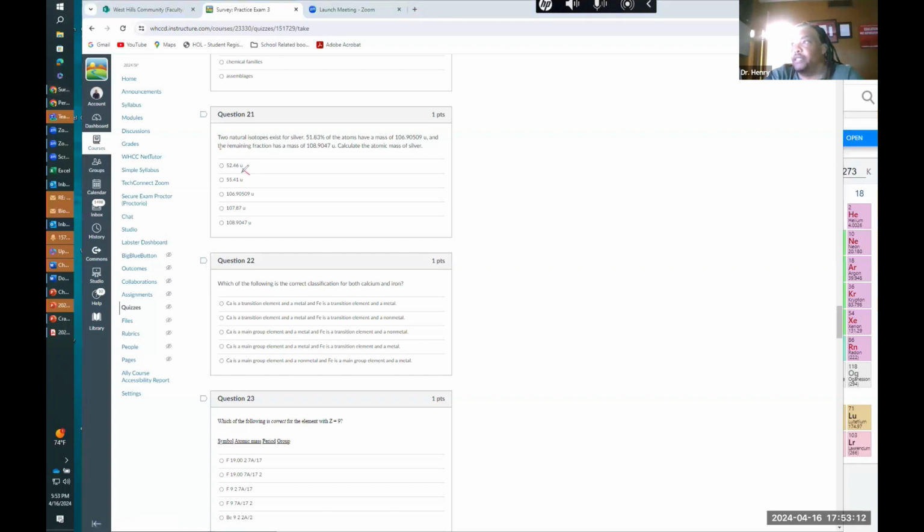This was a dumb answer here, and this one too. Now we just want to calculate to make sure that it's right. What we're going to do is multiply 51.83 times 106.90509.